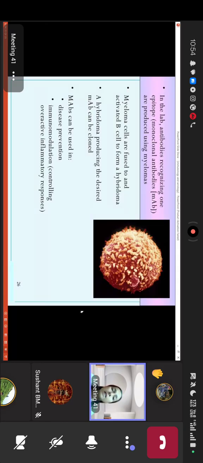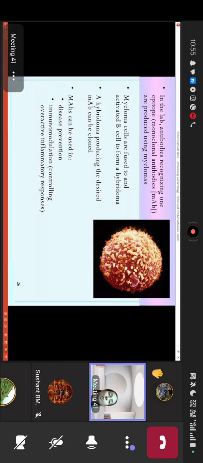Now in the labs, antibodies recognize one epitope. We are producing antibodies in our labs. As we discussed in immunity, we are artificially giving antibodies to the patient which are prepared in our labs, using lab animals. So in the labs, our antibodies are able to recognize one epitope.